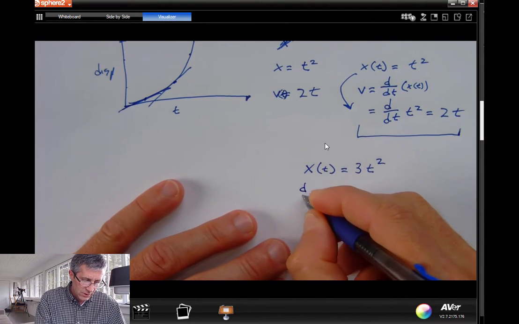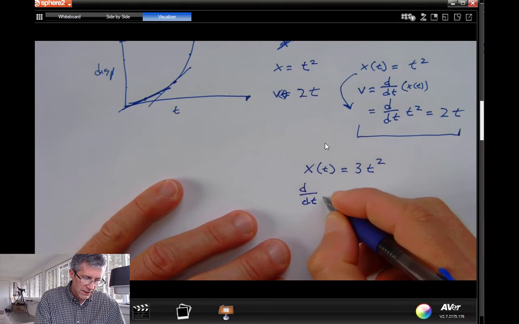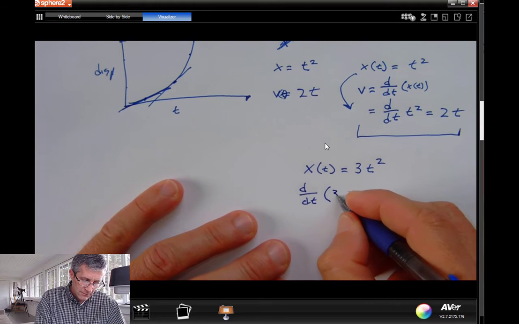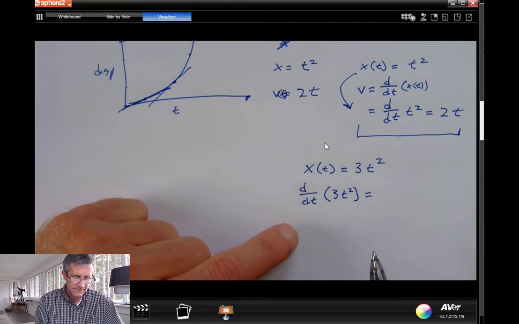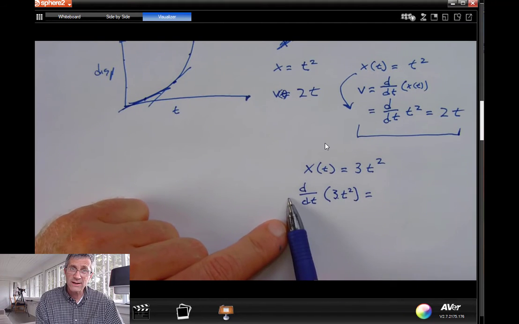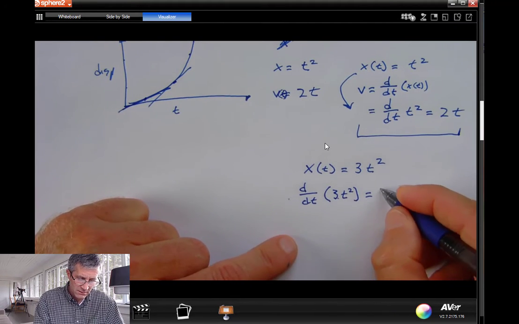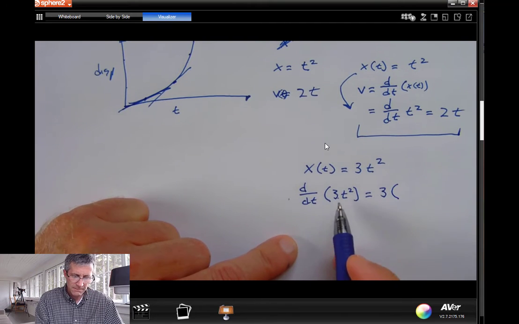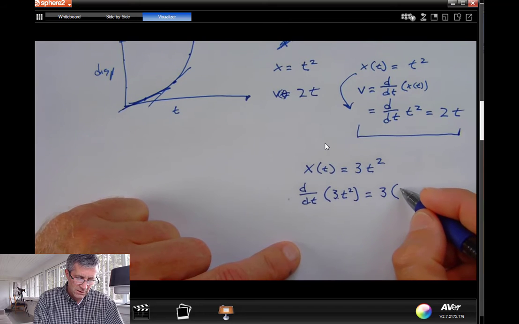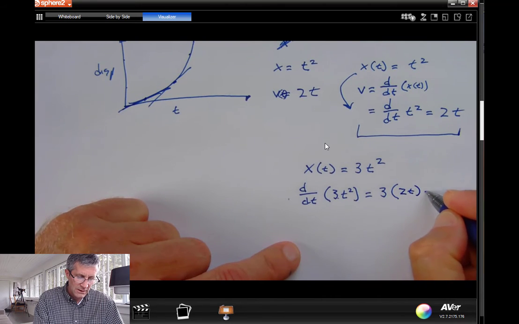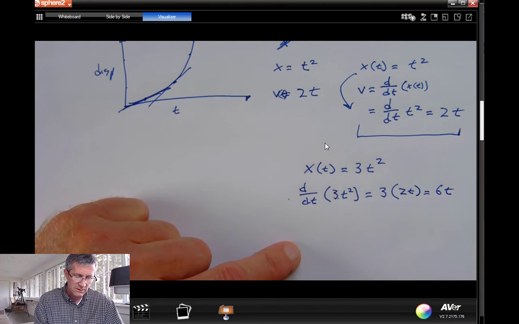I'm going to take the derivative with respect to time of this function. A couple key things: I'm going to pull a constant out. That's not going to be affected. And then I'll have this t squared, which is going to be 2t, and I'll end up with 6t.